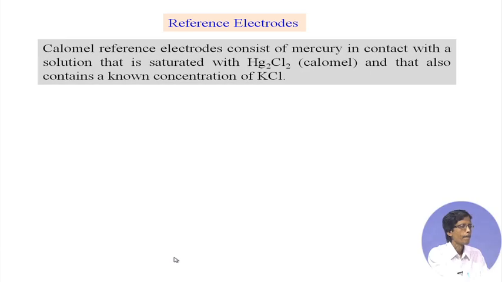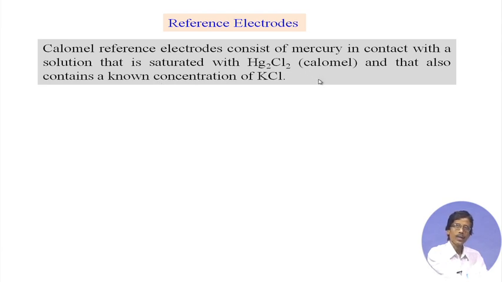So, the reference electrode, the first component we use. As we discussed earlier, we recall once again the saturated calomel electrode, the SCE. The calomel electrode consists of mercury in contact with a solution that is saturated with mercurous chloride.